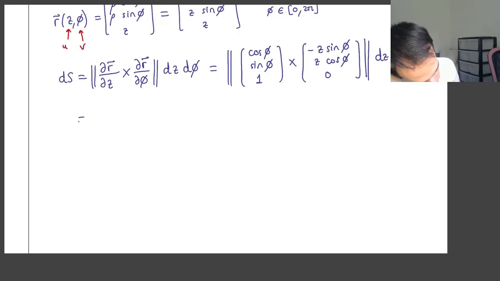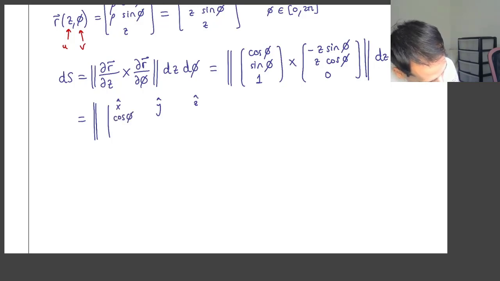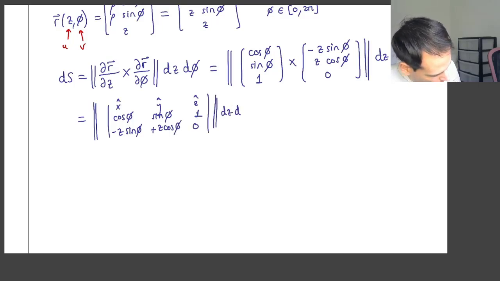Then the next step is to calculate the cross product. So x hat, y hat, z hat; cosine phi, sine phi, 1; minus z sine phi, z cosine phi, and 0; dz d phi.